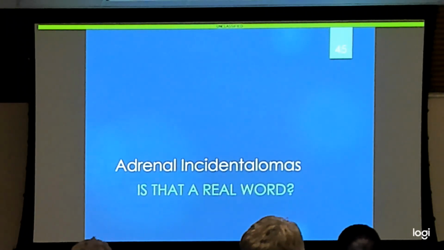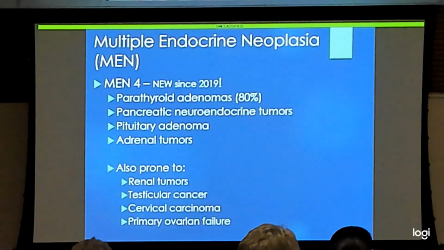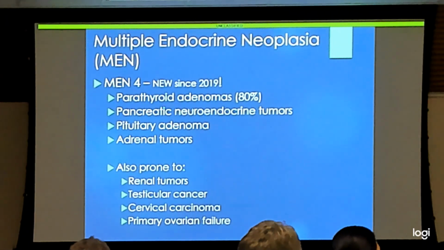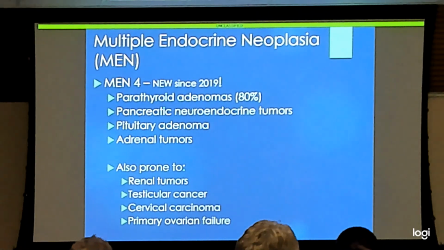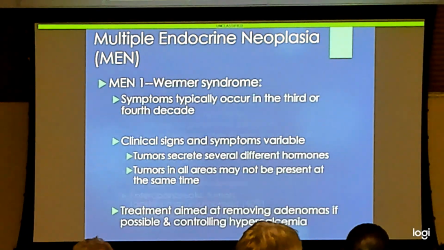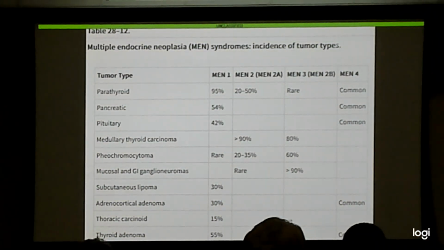All right. Any questions on the MENs? Hopefully, yes. Those 4 for MEN 4 are the same as MEN 1. I would have to give you one of those, like testicular cancer or cervical cancer, because that does look very much like MEN 1. And if you like charts, that can maybe make it a little bit easier to understand what they are.